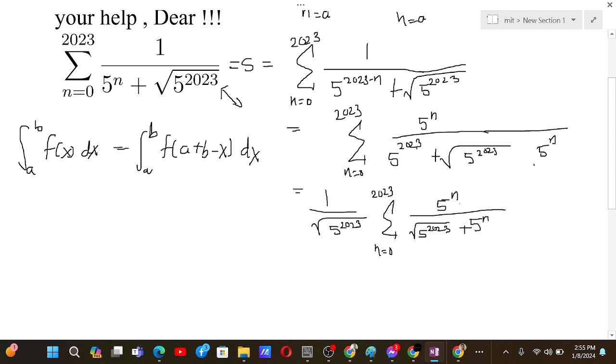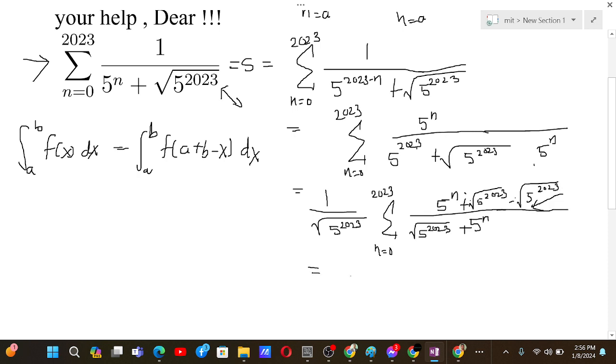Okay, so now we have this expression, and if we just add and subtract square root of 5 to the power 2023, we will be able to get this form, and that will help us a lot.